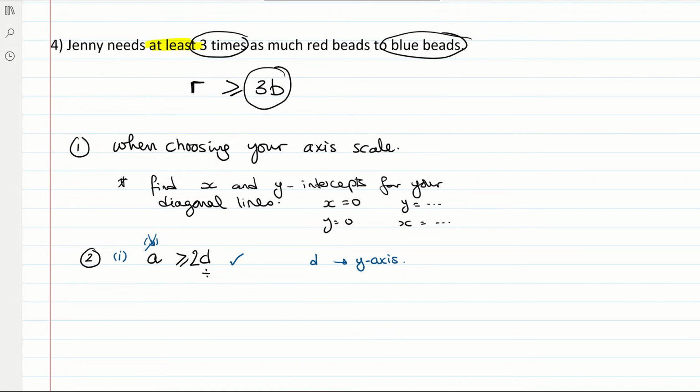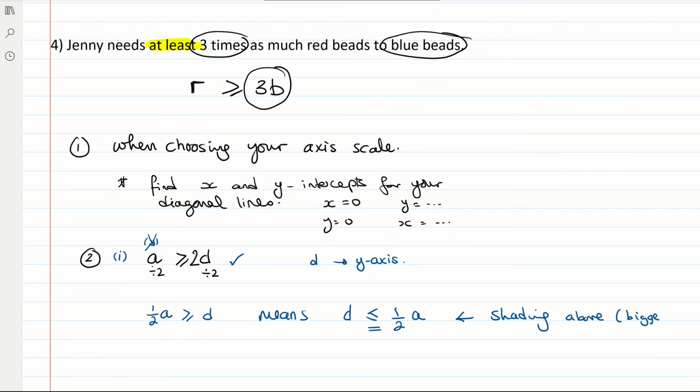So to be able to work out your equation and what your line looks like, you will actually need to do the following. Divide by 2, divide by 2. So a half a, or a divided by 2, is bigger than or equal to d, which really means d is smaller than or equal half of a, which means that your shading, because you want smaller than, you're shading above the line, you're shading bigger than, because you always shade the region you don't want.